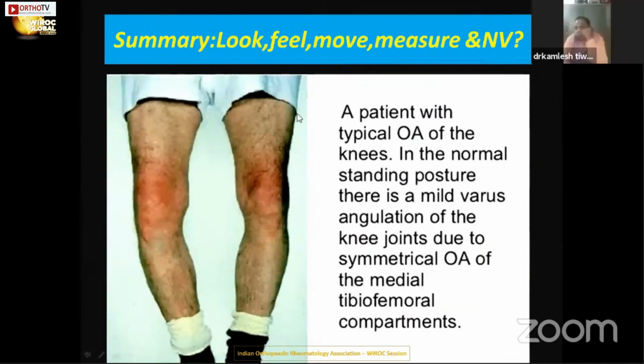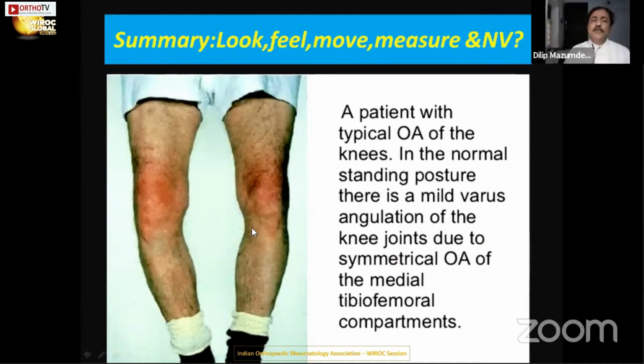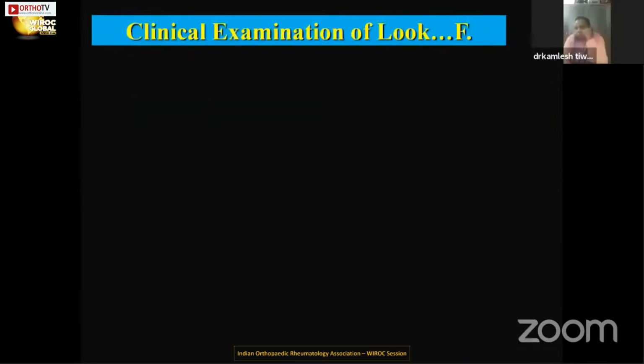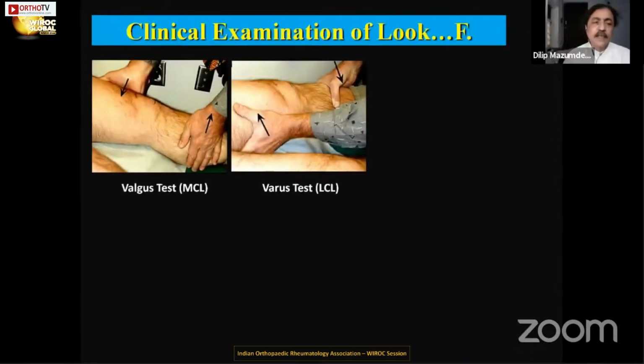So what is the summary? Look, feel, move, measure. A patient with the typical varus of the knees: in normal standing posture, there is a mild varus angulation of the knee joint due to wear of the medial tibial plateau. So what clinical tests are there to look for in the examination?